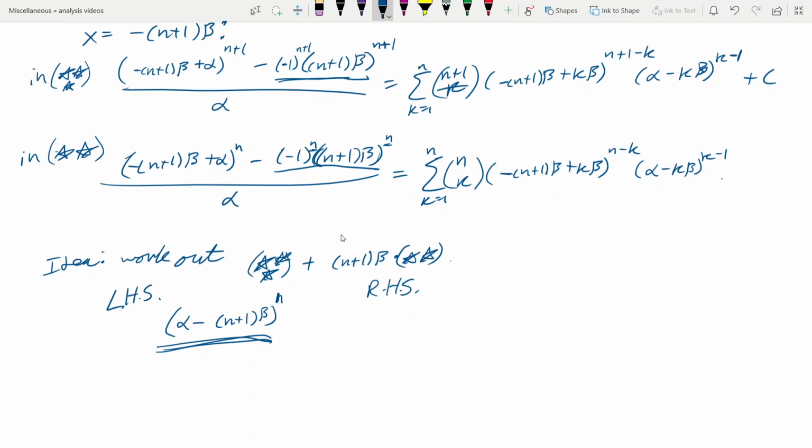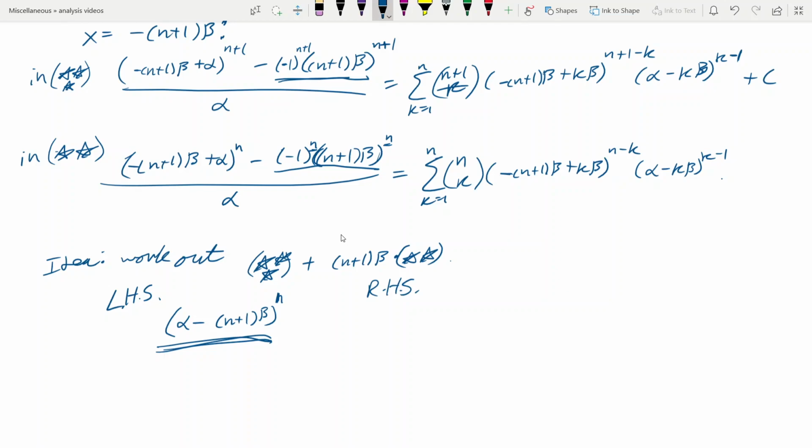But we have to prove that. So if we can show that n plus 1 beta times this sum on the right-hand side of double star actually equals the negative of the sum in the triple star, then we will be done. Because when you add those, the sums will cancel and you'll just be left with c.